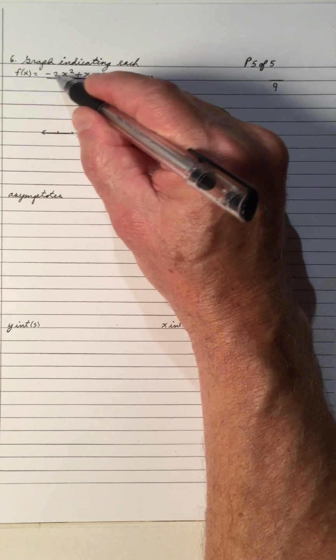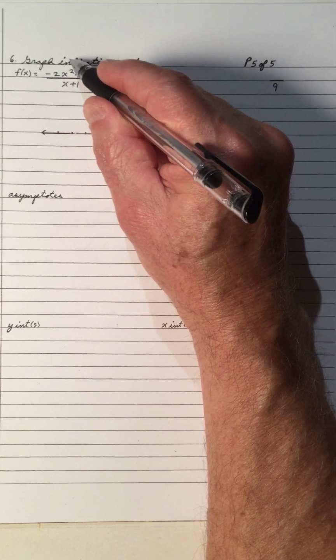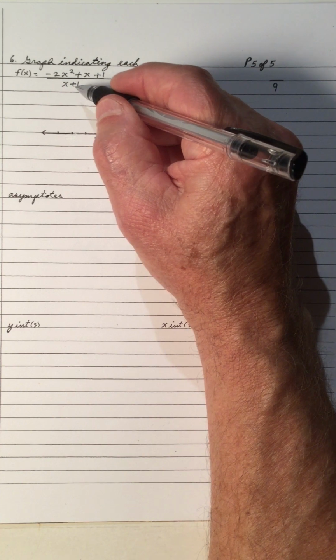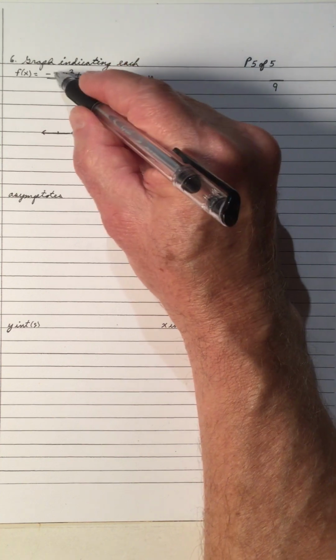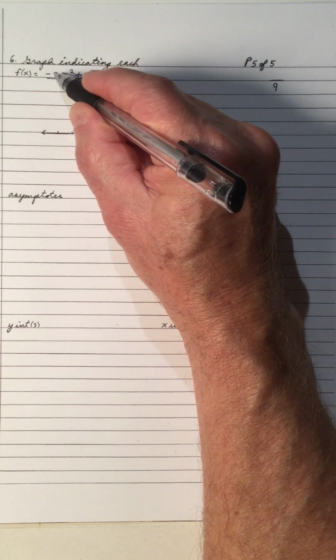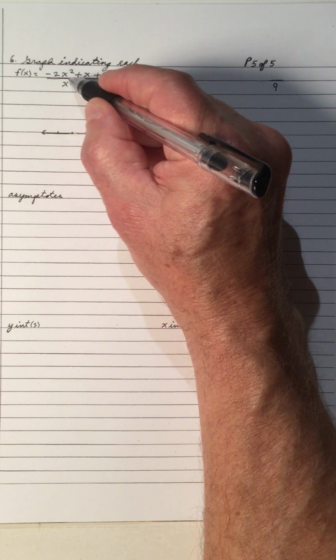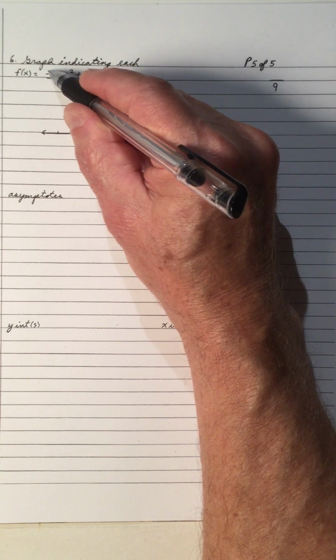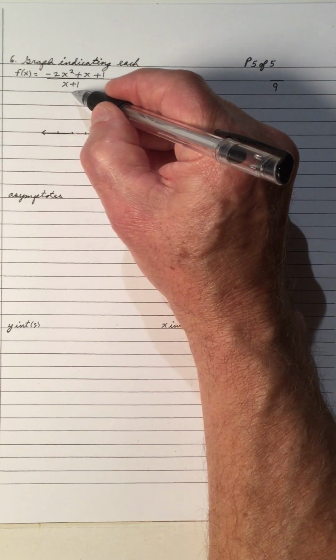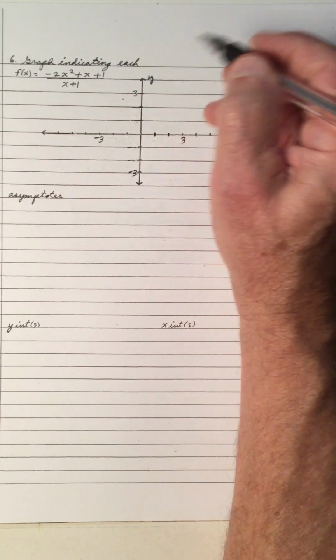So as x goes to infinity, that's a negative, so this is a negative infinity squared, positive. So we cancel it, we get negative infinity. So as x goes to infinity, y is going to go to negative infinity. But let's look at the asymptotes.